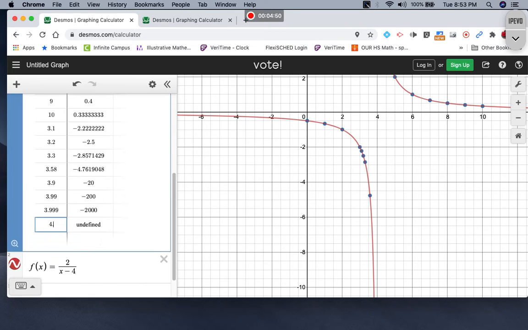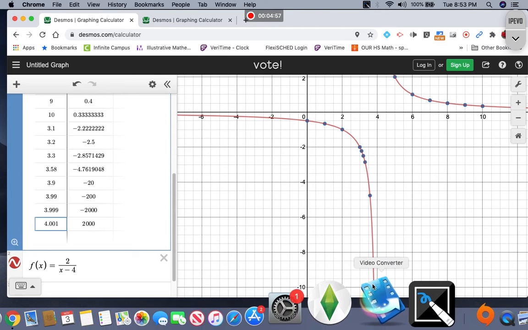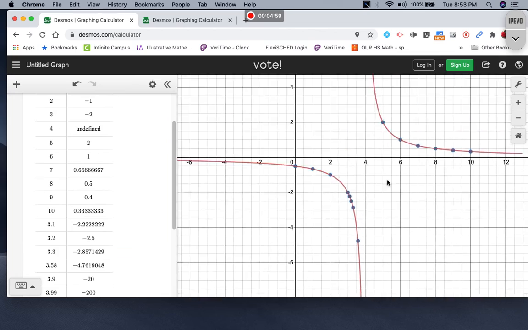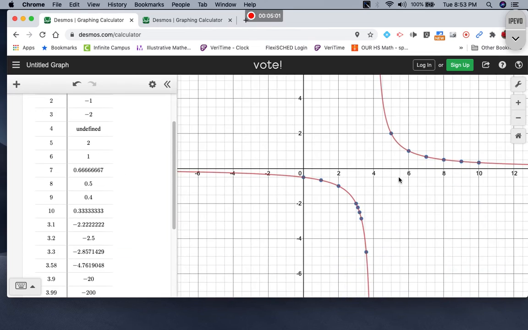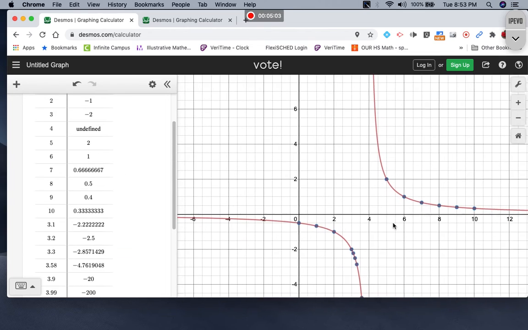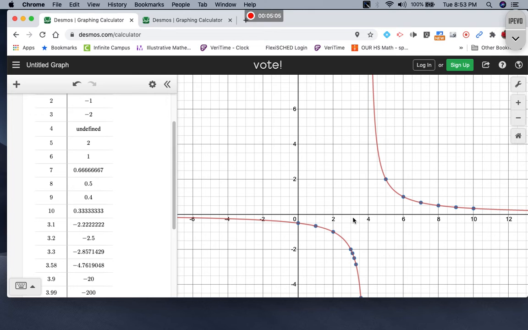If I go 4.001, just the other side, now I'm at a positive 2,000. It goes down to really negative and it pops up to really positive. So it's doing that weirdness. And that weirdness is happening right at 4.